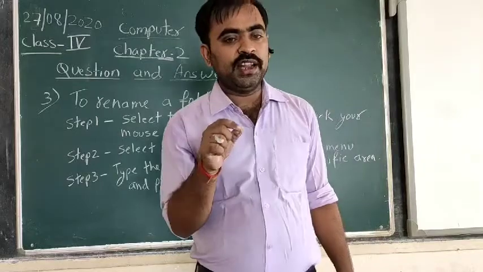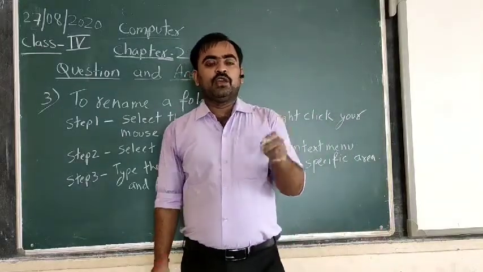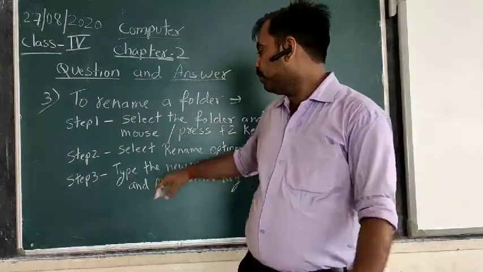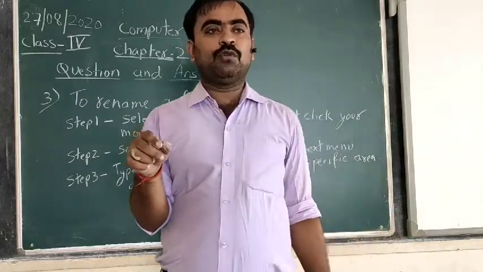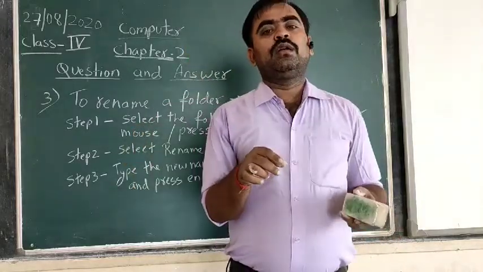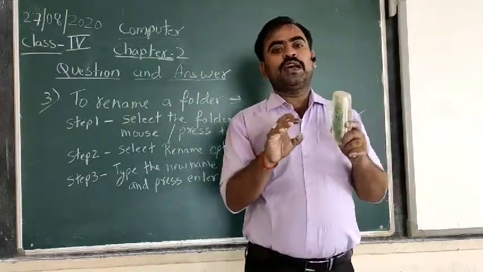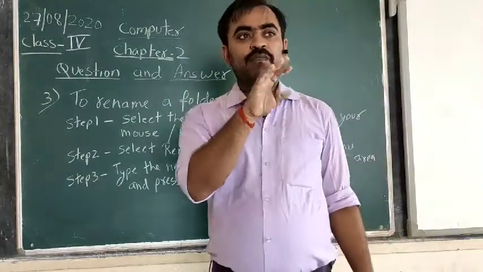As soon as you click on the rename option, you will get the option to type the new name, and then you type the new name in the specific area which is given there.